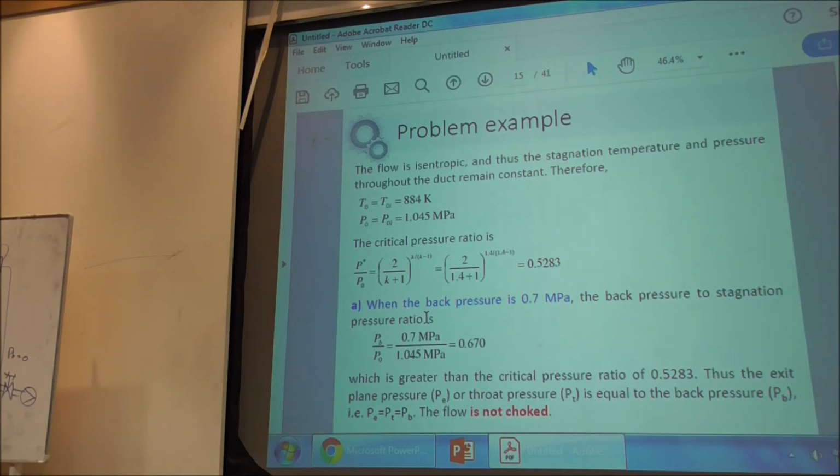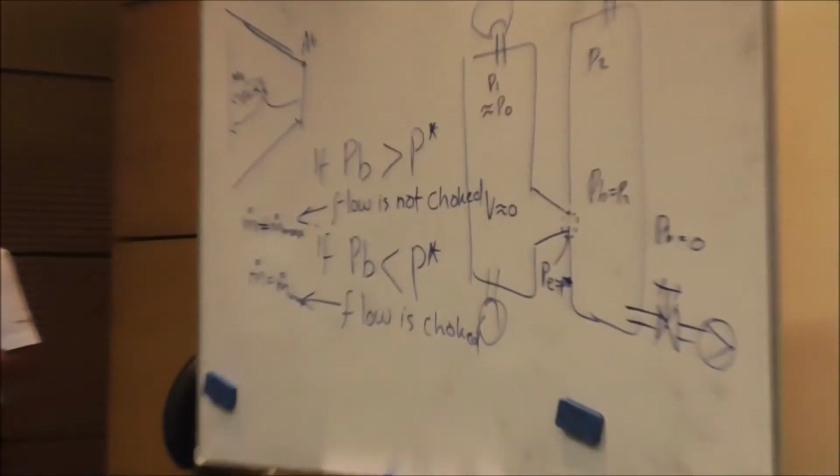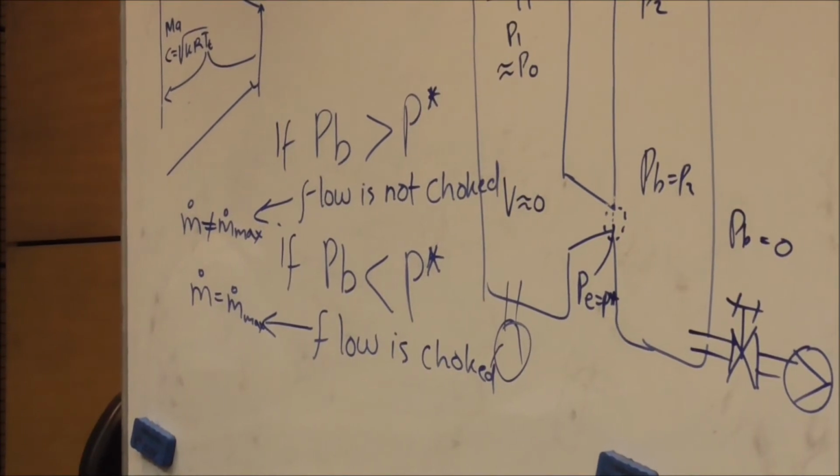Consequently, when you have this, m dot is not m dot maximum. When you have this, the consequence is m dot is equal to m dot maximum. You do that, you calculate. The first one is not choked, so you can calculate it using those.